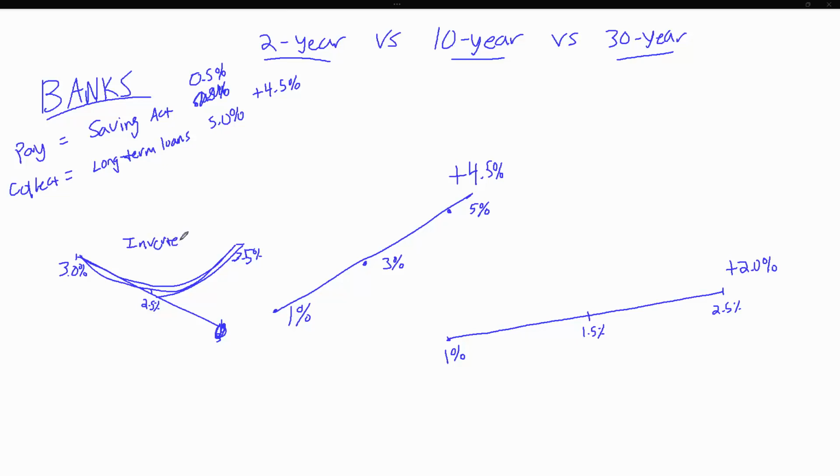It's usually not backwards all the way through. It would be pretty rare for the 2-year to be paying way more interest than a 30-year, but it's not that rare for a 2-year to be paying more than a 10-year. It's not super common, and this is kind of when you get into futures and you talk about backwardation versus contango. That's basically what an inverted yield curve is.